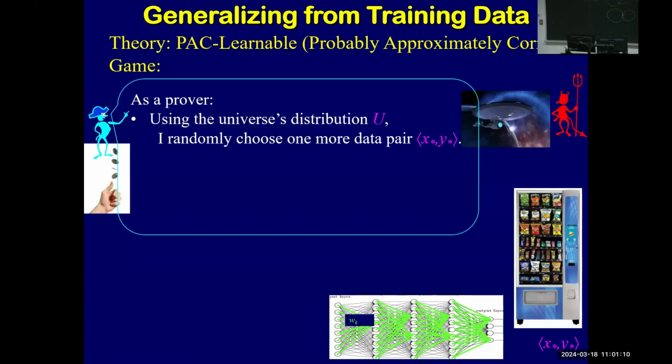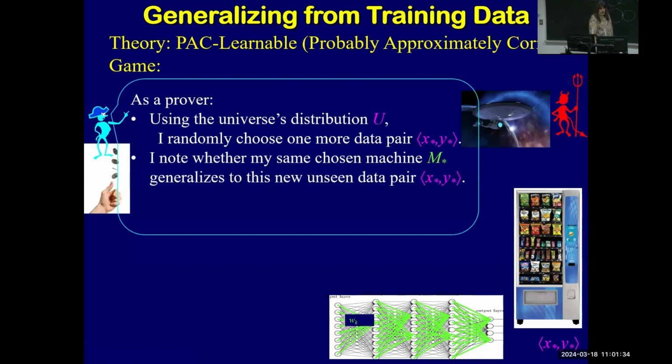Right? We chose our random training data. We say the oracle assures us that there's a machine in our language, in our machines, that can do well on it. Then we randomly choose one more training data, right? And we check our machine, how well does it do on it, right?